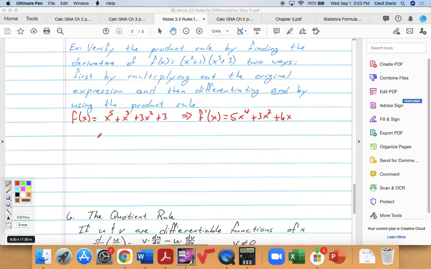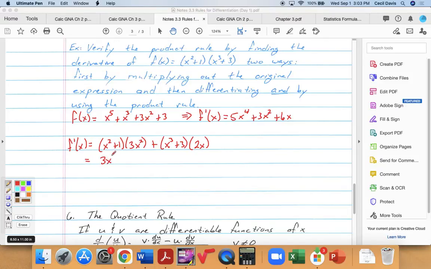Now let's do it by the product rule. So f prime of x will be, I'm going to keep the first factor, x squared plus 1, times the derivative of the second factor, 3x squared, plus the second factor times the derivative of the first factor, which will just be 2x.